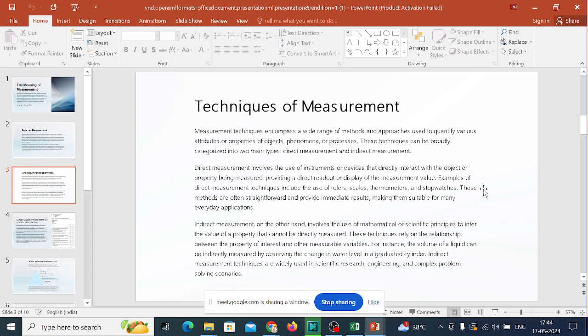Suppose you want to mention the water level, the level of a gas, or the level or measurement of chemicals or any liquid, this takes a much longer period. That is why all these indirect measurements are very much scientific, because you get maximum accuracy at the time of measurement. So this is the technique of measurement.